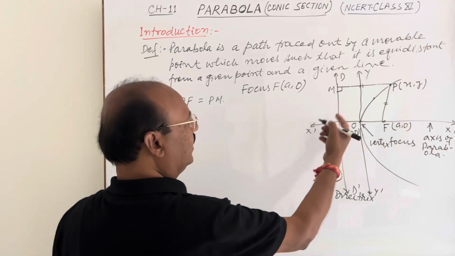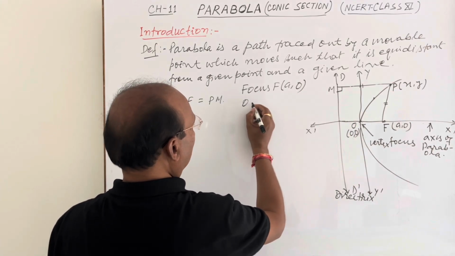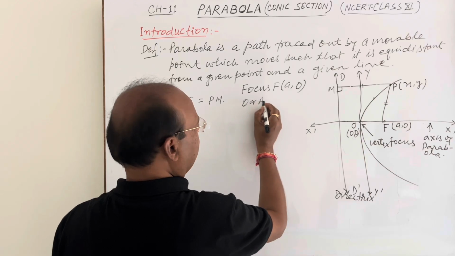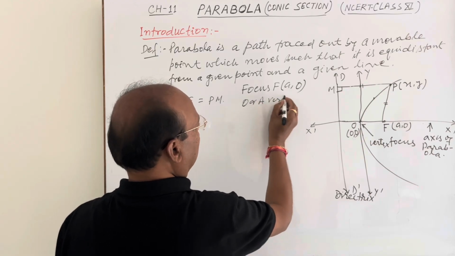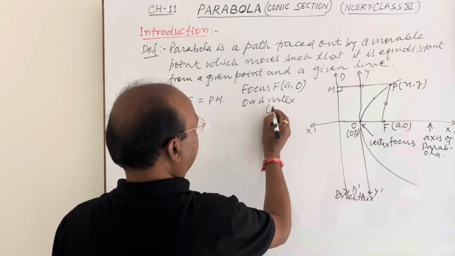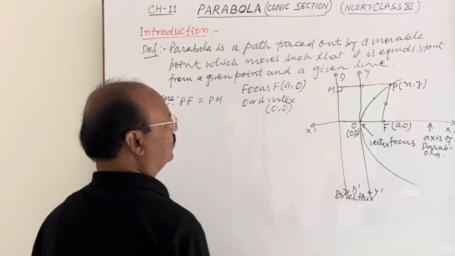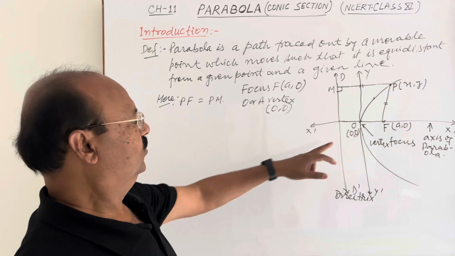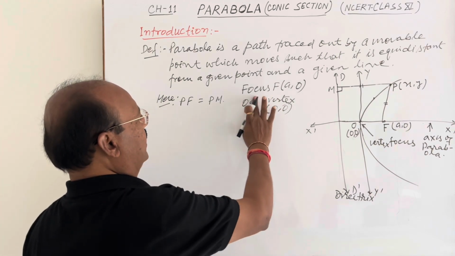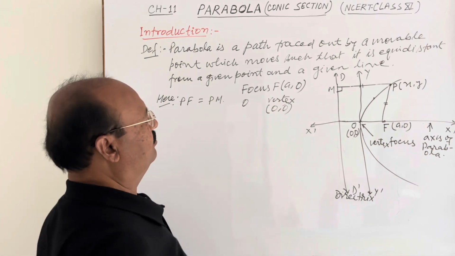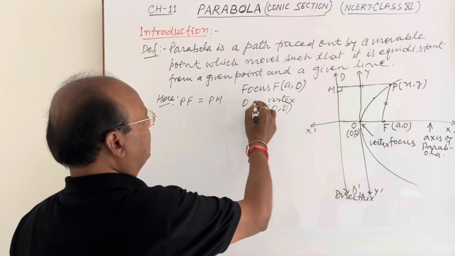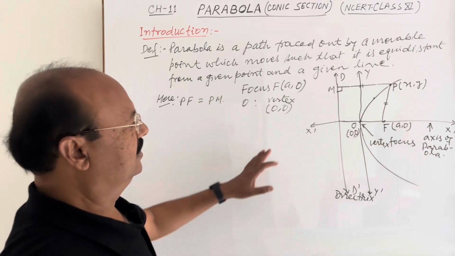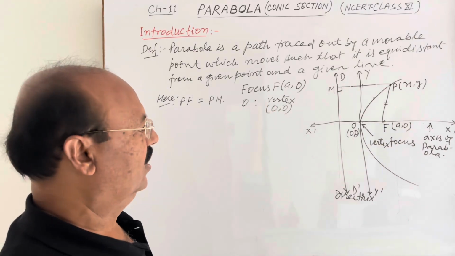Sometimes we can write A also. This is called the vertex, and its coordinates are 0, 0. We are writing here O, so let us write only O, otherwise there will be confusion. Correct?